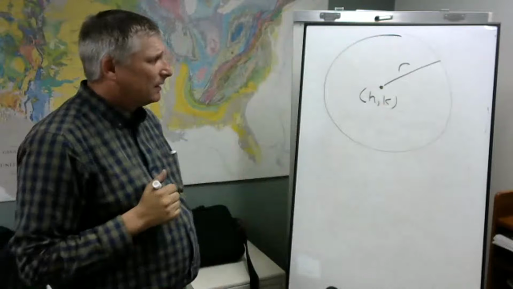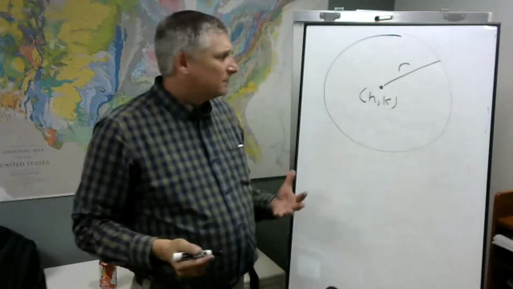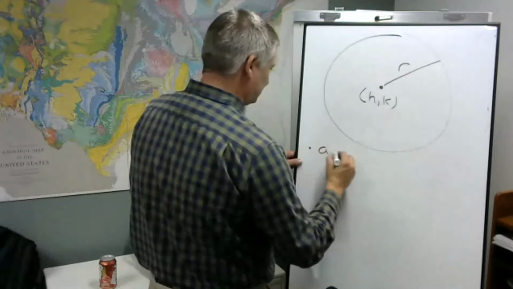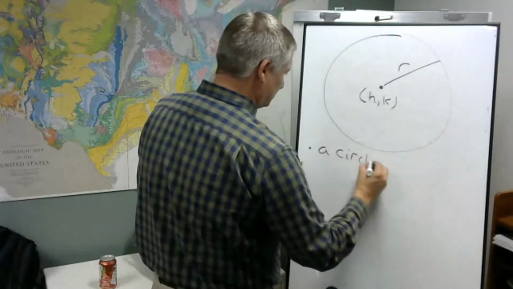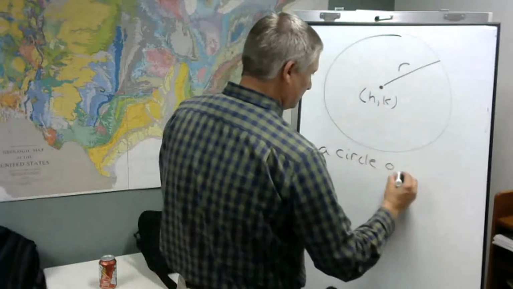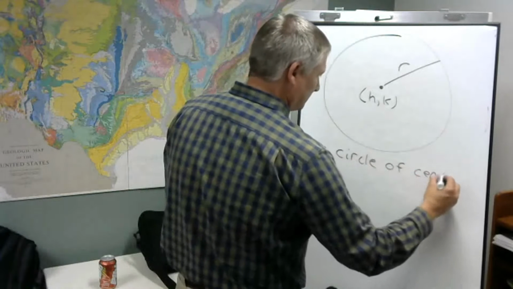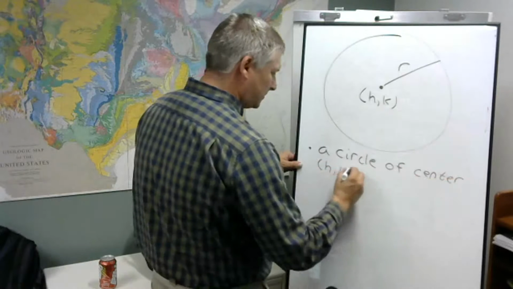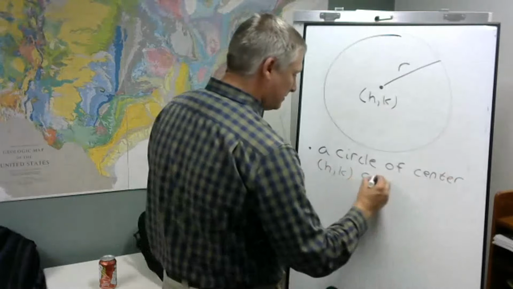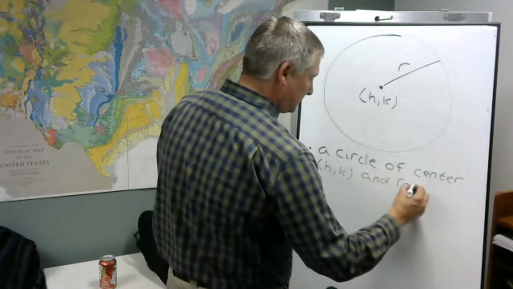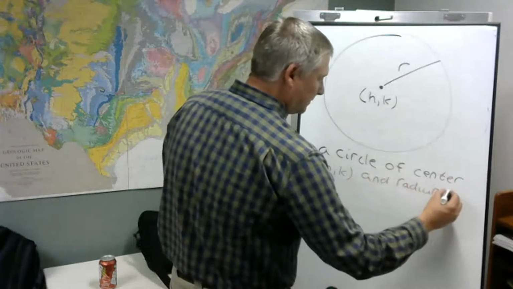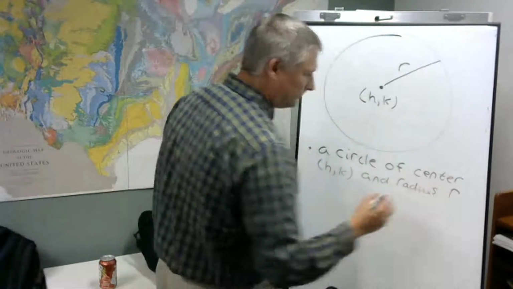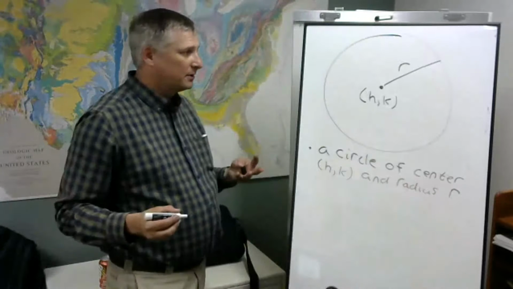Anyway, a proper definition of a circle is this. So a circle with center HK and radius R is a set of points.